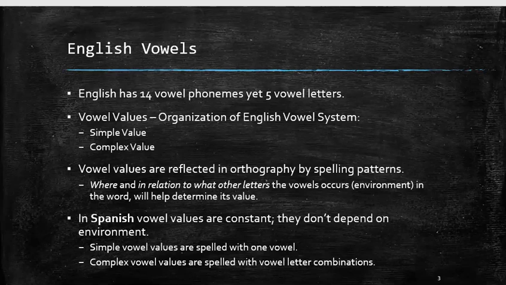So we have 14 vowel phonemes in English, but we have only 5 letters to represent these. Therefore, we have to attribute different values to those letters in order for them to be able to represent orthographically that which we want to elicit within our writing. Hopefully this is a little clearer.